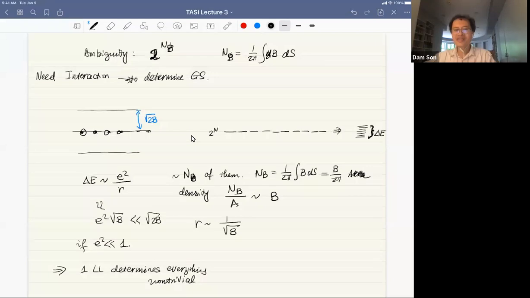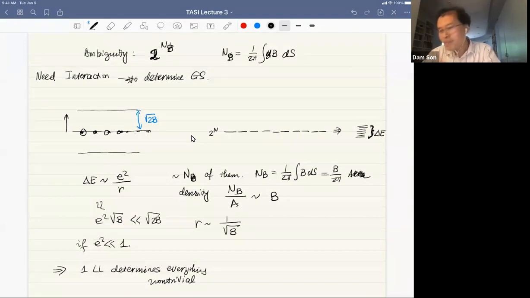That is because the energy scale of the other Landau levels is so high compared to the interaction between the electrons. The electrons interact with each other with a certain energy scale, but this energy scale is still small compared to the energy needed to move one particle to the next Landau level to create a particle-hole pair, where the hole is in one Landau level and the particle is in the other.